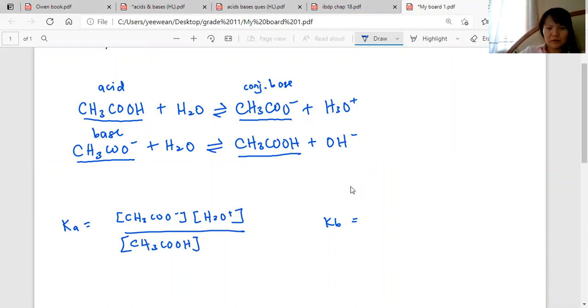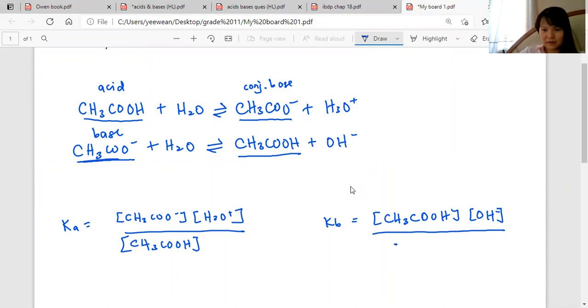We ignore the water for Ka and Kb. And on this side, CH3COOH multiplied by OH minus, over the base here, CH3COO minus.